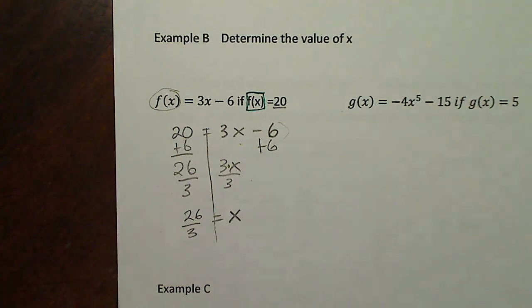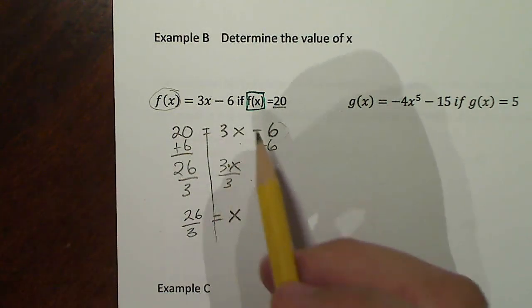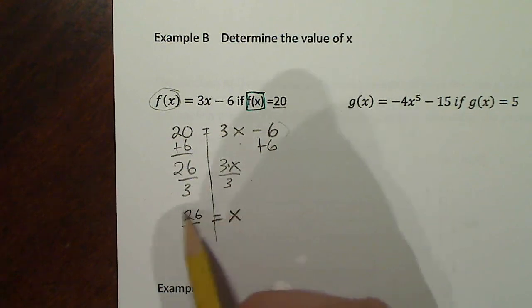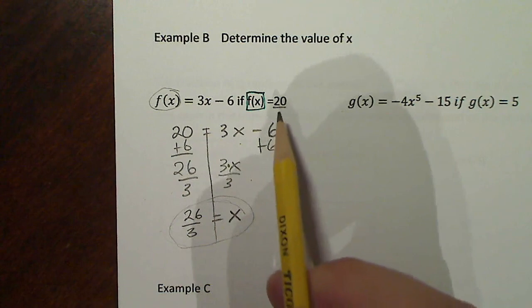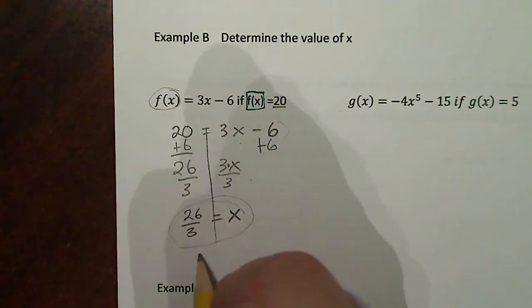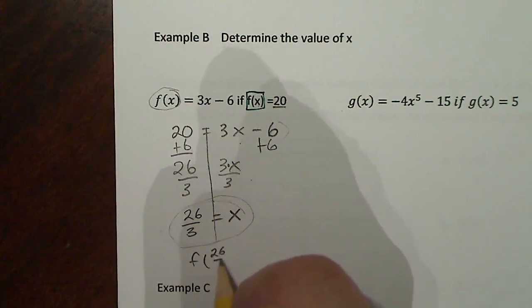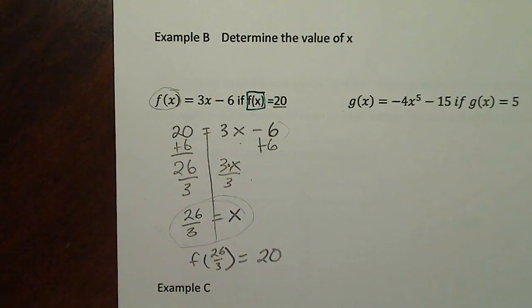I believe you get 8.66666666 if I remember correctly. Yep, just checked it. So I'm going to leave it as a fraction. What it's telling me is that when the value of x is 26 over 3, then the output, or in this case f of x, is going to be 20. So f of 26 over 3 is equal to 20.